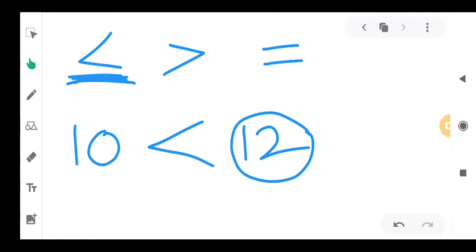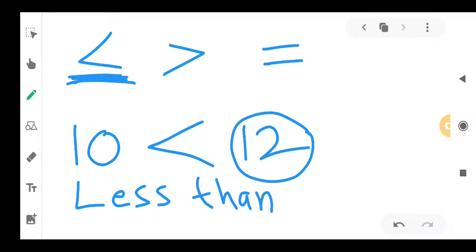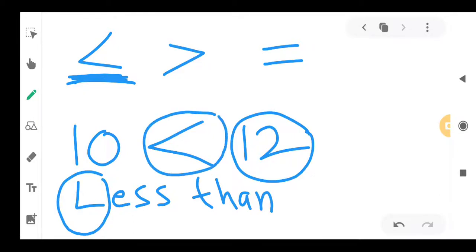See, the less than begins with L, and see this L is almost like this symbol. So try to remember this one. Less than will be like an L.